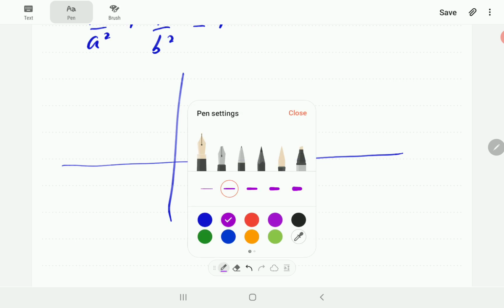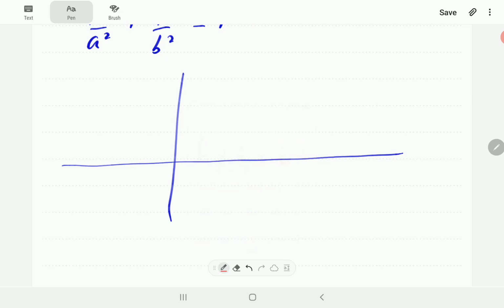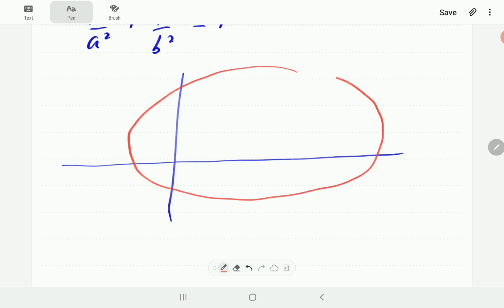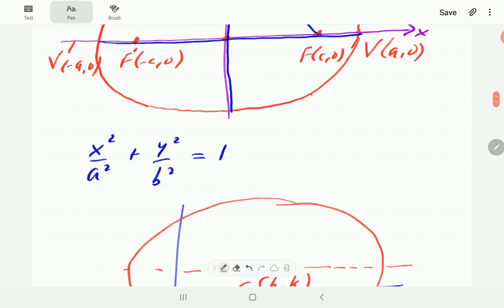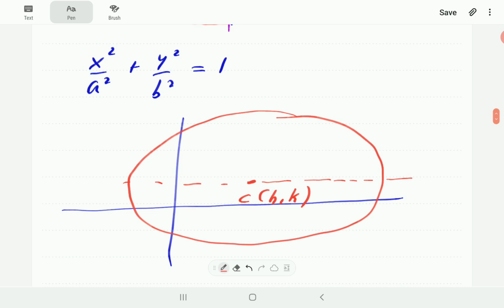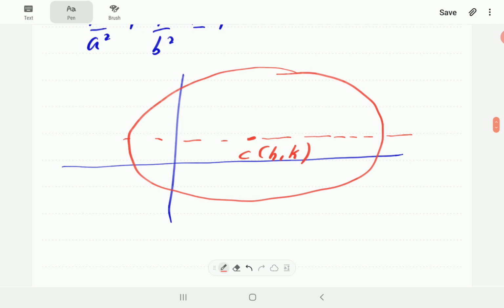Now, if the center of the ellipse is not at the origin, so imagine that the center of the ellipse is now at (h, k), but the major axis is still horizontal and of length 2a as above, and the minor axis is of length 2b.